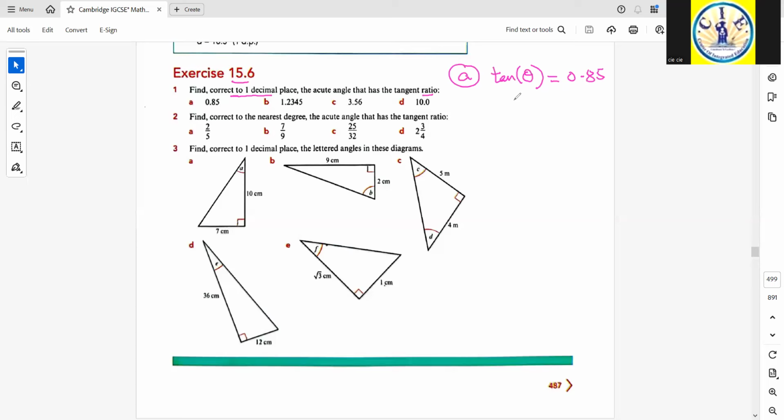It is given in the question. Since we need to find the angle, that will be equal to tangent inverse of 0.85. And when you do it from your calculator by applying shift, then tan, and then 0.85, that gives you 40.364.